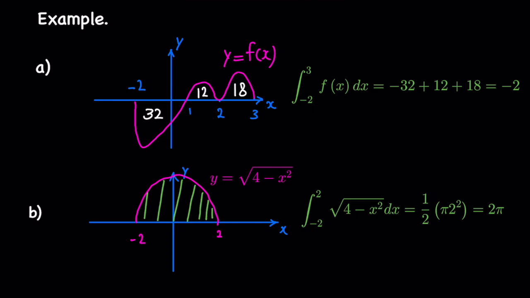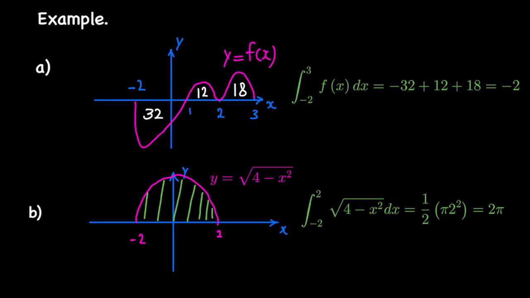The definite integral of this function is just going to be the area between -2 and 2 and between the graph of this function and the x-axis. So it's going to be that green region that I have shaded there. All we need to do is find the area of that green region.